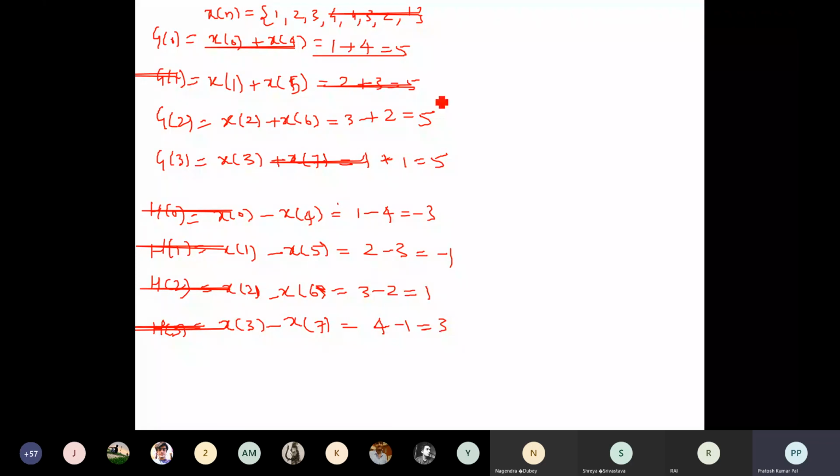So these are the values at the first stage.